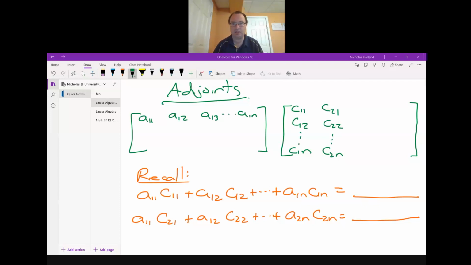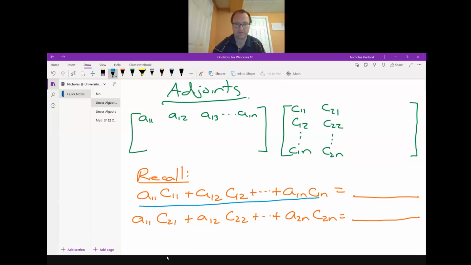So before we get started, let's take a look at what we have right here. I have two matrices. Granted, I haven't written every single matrix. There's more entries down here and over here. Let's take a look at these two matrices right here and remind ourselves, because it's been touched upon in previous videos, of this computation.